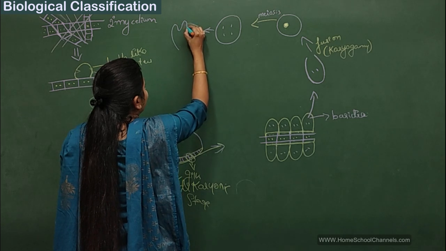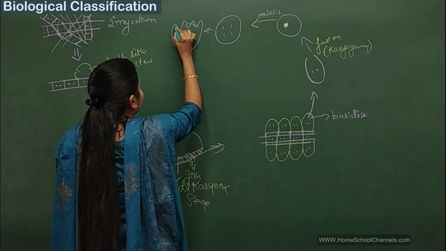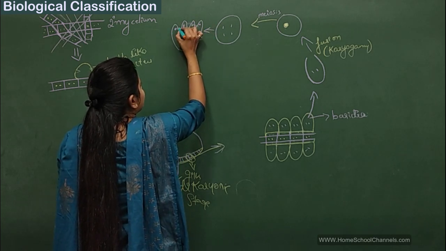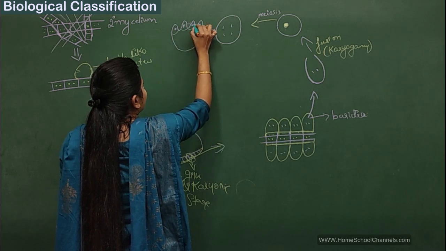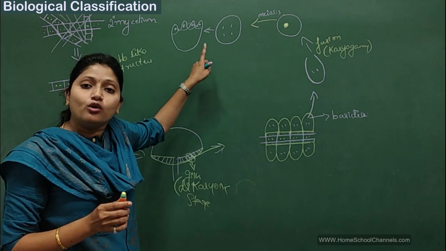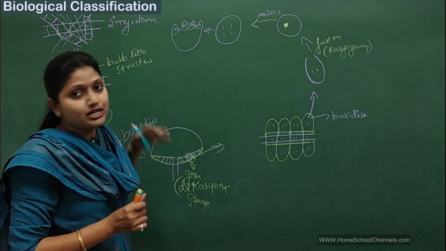So this basidium will now form a structure like this, and these are the 4 haploid spores which are exogenously formed.